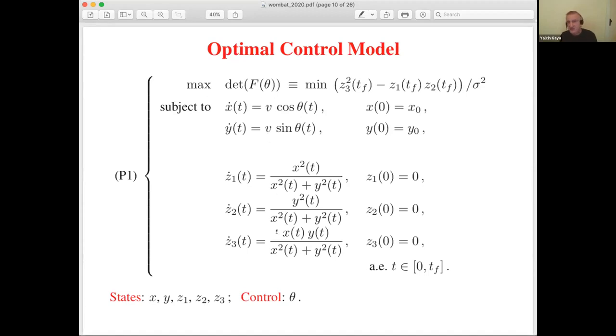Of course, you may have PDEs in general or algebraic equations as well, but in the classical models, you would have ODEs. So this is what's being solved, without showing this model explicitly though. Here the state variables, or the motion variables if you like, are x, y, and Z1, Z2, Z3. The differential equations are written in these variables.